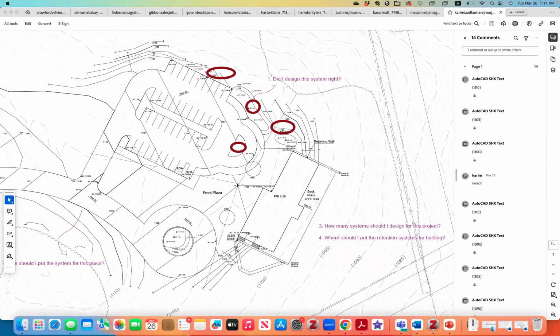And it's good if you have something here, it's good if you have something here too. And then on this side, you would have 1, 2, 3, and then out of this lowest point there, better add one more because you have a lot of water coming down here. So those are the locations where you definitely need to design retentions.